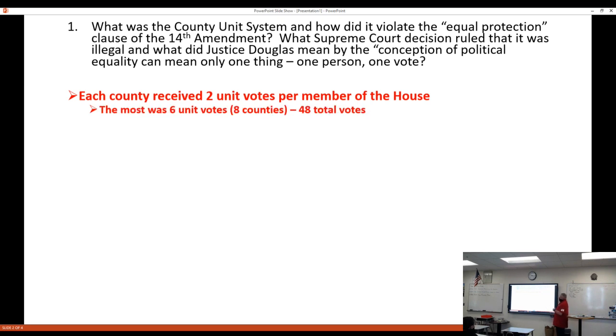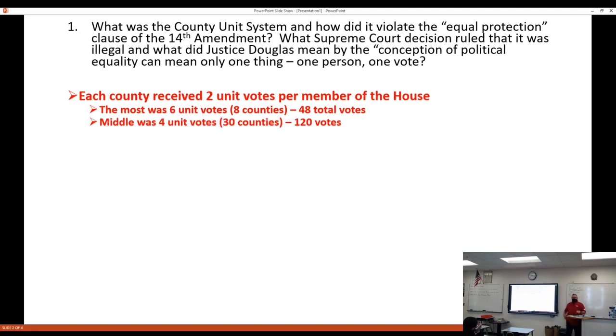So in Georgia, and this is actually all in your notes, the most that a county could have was 6 unit votes. That would mean they had how many people in the House? 3. So there were 8 counties with 6 unit votes, and that gave us a total of 48 votes from those 8 counties.